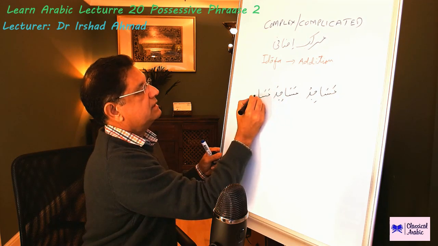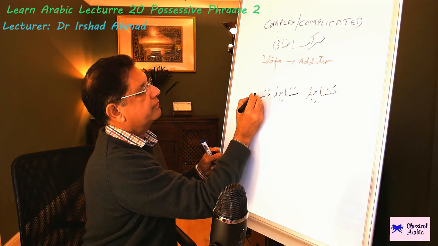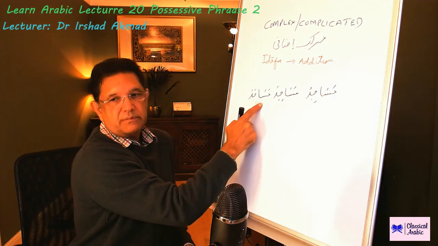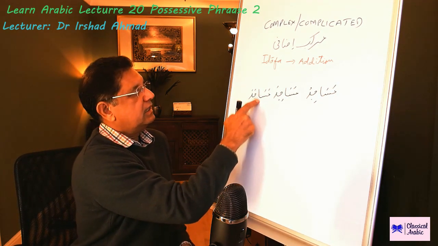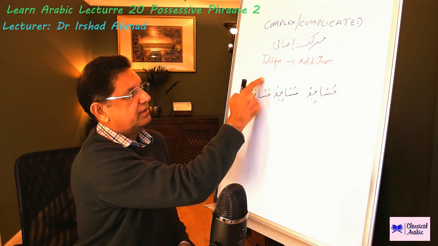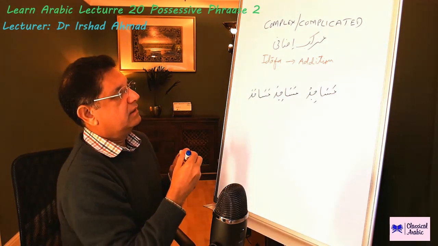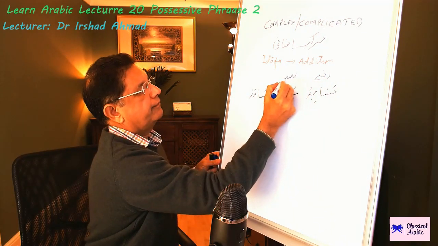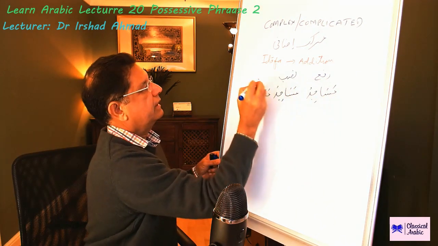Because this is Ghair Munsarif, if you recall, Ghair Munsarif Asma do not take Kasra in the state of Jar. So this is our Rafa, Nasab, and this is Jar.